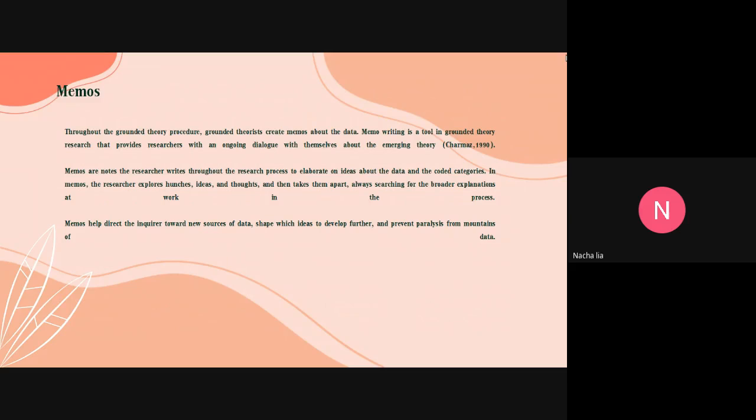In memos, the researcher explores hunches, ideas, and themes and then takes them apart, always searching for the broader explanation at work in the process. Memos help direct the inquiry toward new searches of data, shape which ideas to develop further, and prevent paralysis from mountains of data.